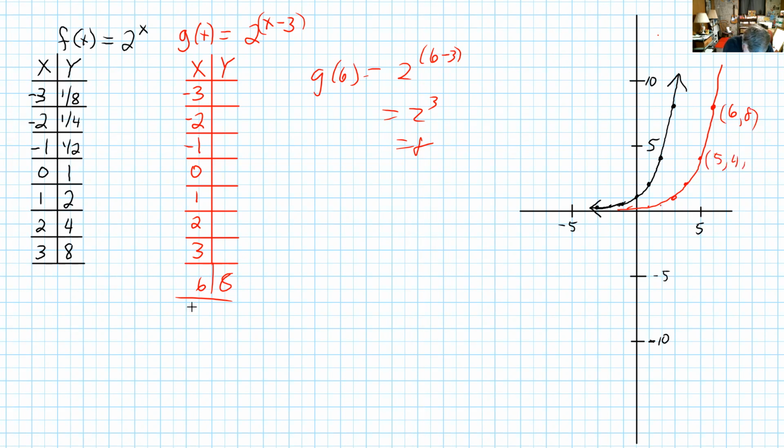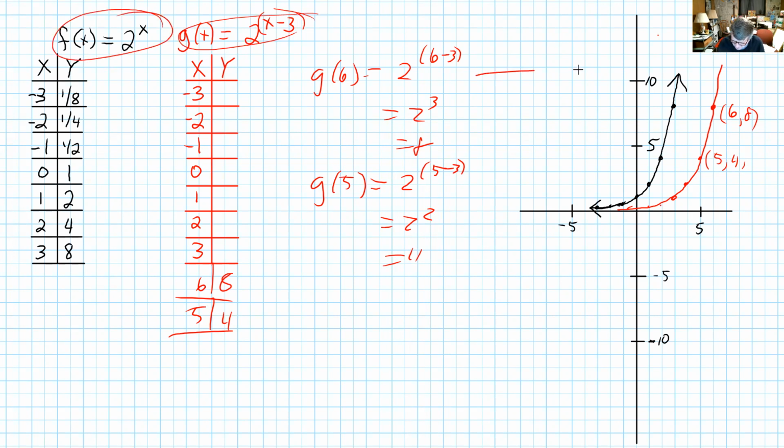G of 5 is 2 to the 5 minus 3, which is 2 to the 2, which is 4. See what's happening? So this graph looks exactly like that graph, but it's shifted to the right 3 units. Okay.